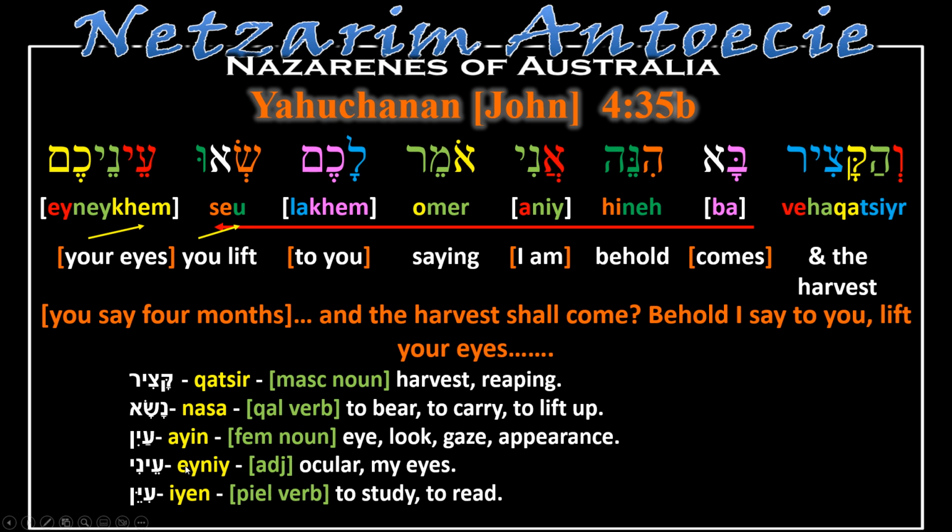It's all related to the eyes. And eini, as an adjective can mean ocular, but it can also mean my eyes. And iyen is a verb to study, to read. Of course, something that uses the eyes. So it's very similar. It comes from that root.